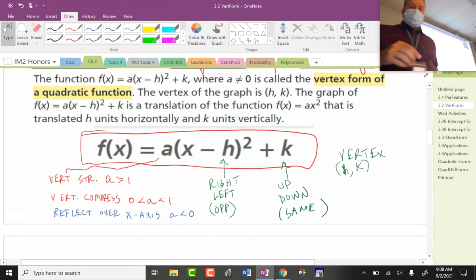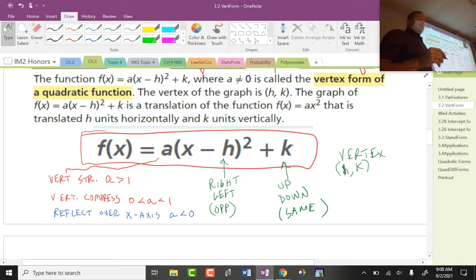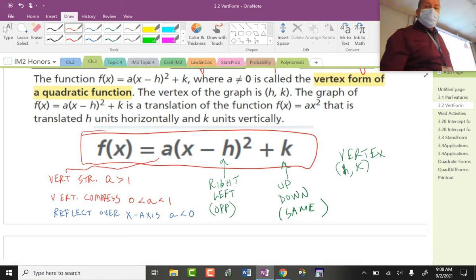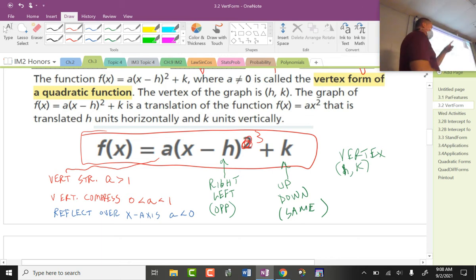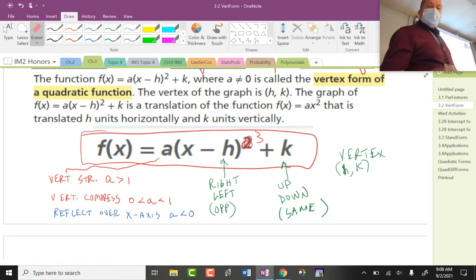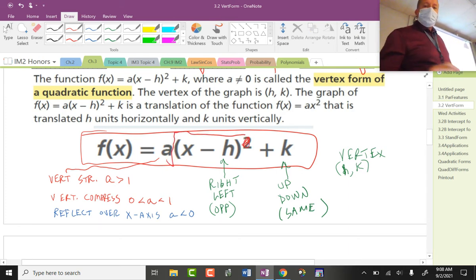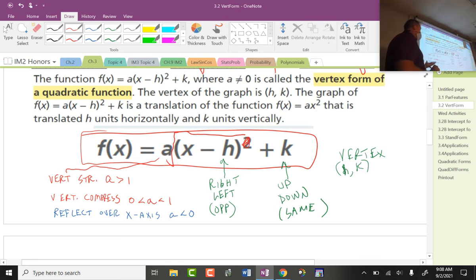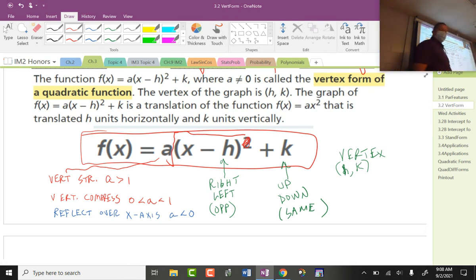And then as you're finishing writing this down, sorry if I cut off those words if you're really a note taker. This is the same if this was, and don't write this down, just watch, a cubic, we're going to do that this year. I believe we're going to graph square roots. If it was a square root function, these are all the same, these changes in the function.